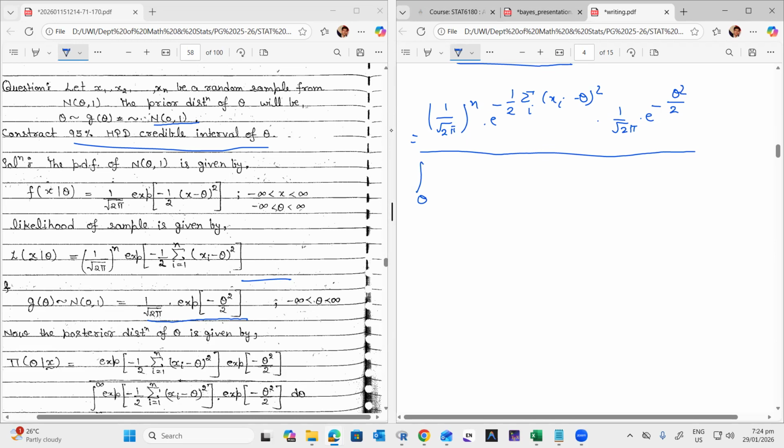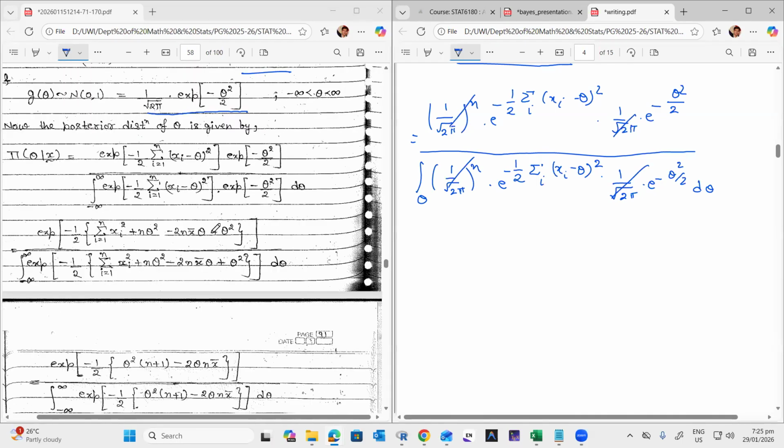So 1 upon root 2 pi raised to the power n will cancel out, and 1 upon root 2 pi will cancel out. At that time you will have this remaining expression here.